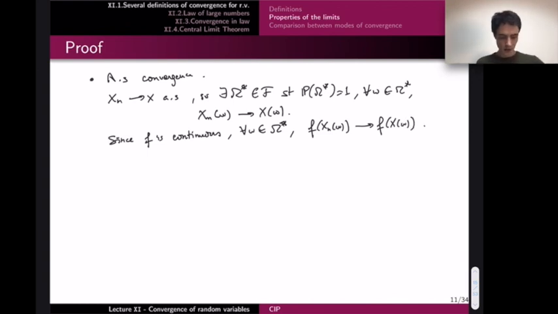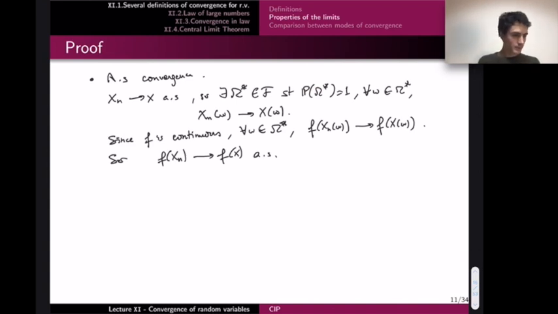Okay, so what I've written is that f of xn converges almost surely to f of x, since this convergence happens on a measurable set which has full measure. So I have almost sure convergence, and that's it.